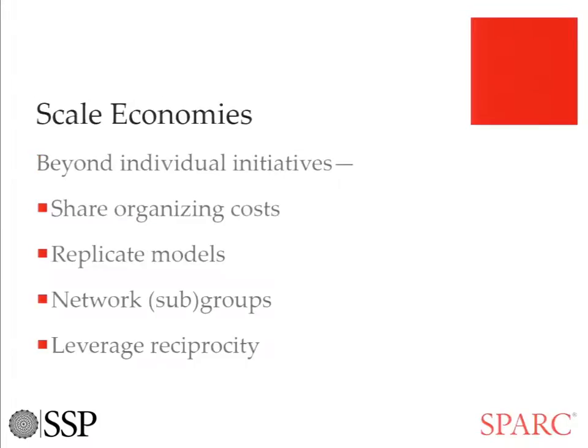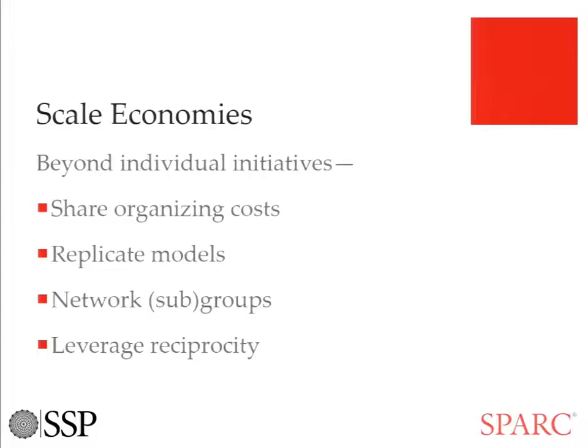The real promise here, I think it would be great if we can come up with a model that makes it easier for individual initiatives to use collective funding models. What we really hope to be able to do is provide a blueprint so that multiple initiatives can share costs, share organizing costs, because a lot of these activities could be shared.